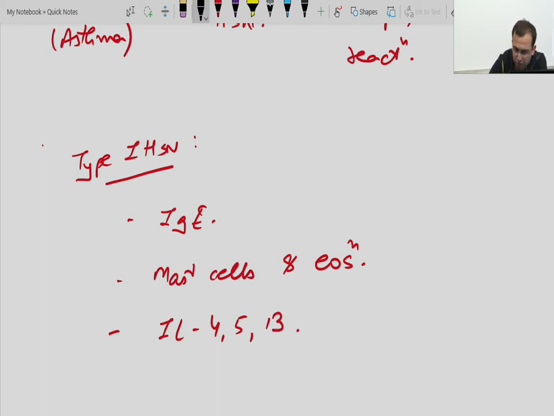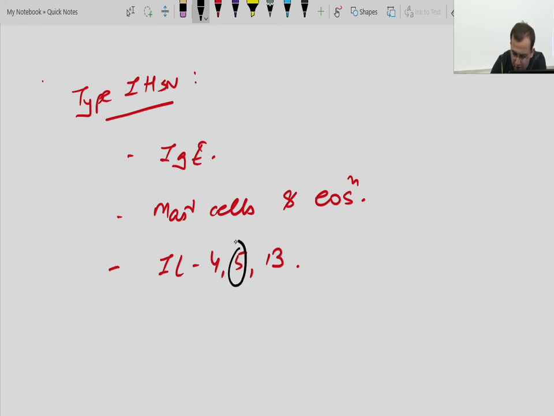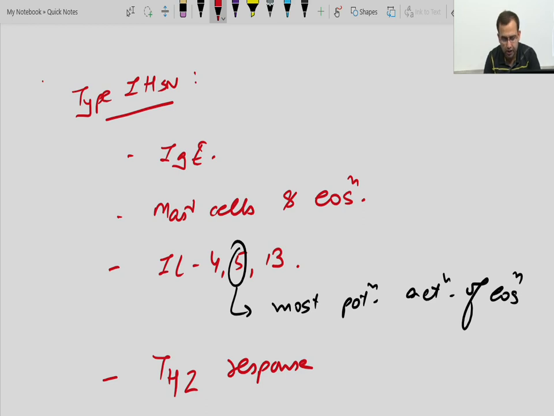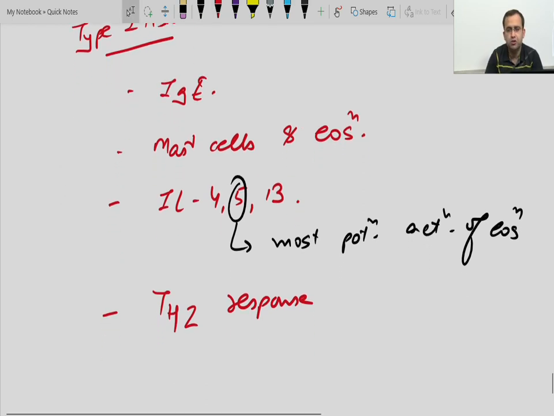Which is the most potent activator of eosinophils? Interleukin 5. Next point, which type of T helper cell response is seen? TH2 response. This we'll see subsequently when we do the questions on immunity.